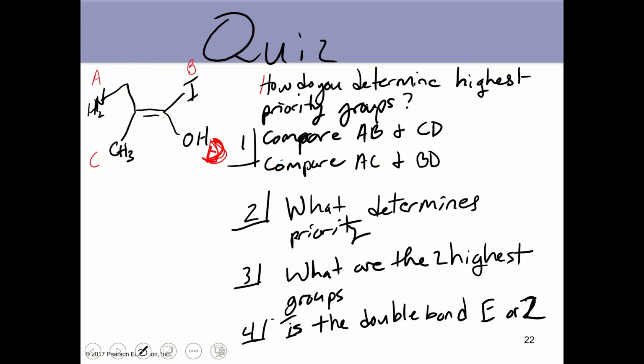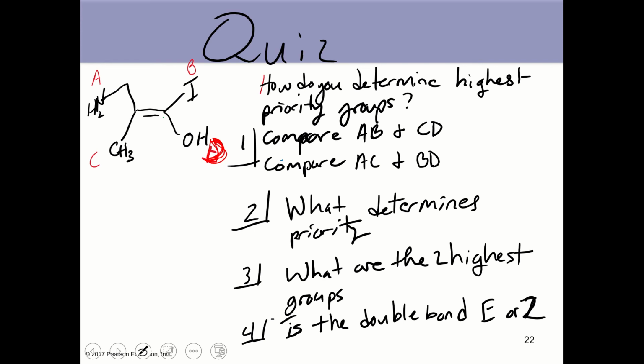And then comparing AB to CD and AC. I mean, the question is, how do you determine the highest priority groups? Am I going to compare A and B and C and D? So do I compare A to B and C to D? Or do I compare A to C and B to D? Which is the correct method?